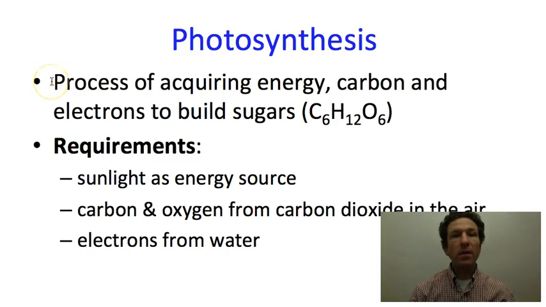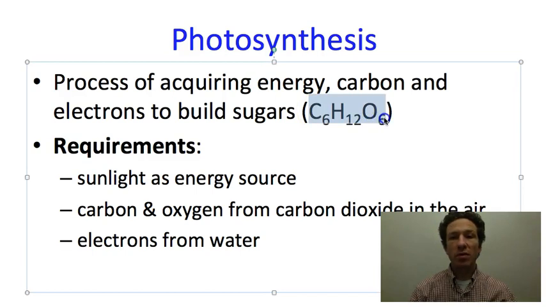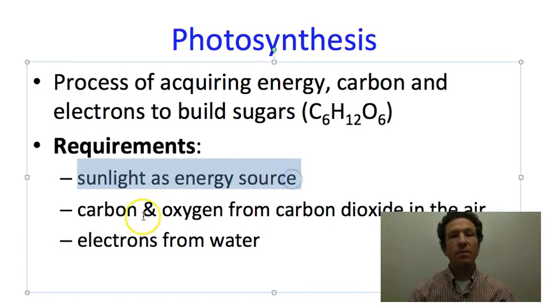As a reminder, photosynthesis is the process of acquiring energy, carbon, and electrons to build sugars, especially glucose. Remember, glucose is C6H12O6. The requirements for photosynthesis are: first, there needs to be sunlight or some other light source as an energy source.